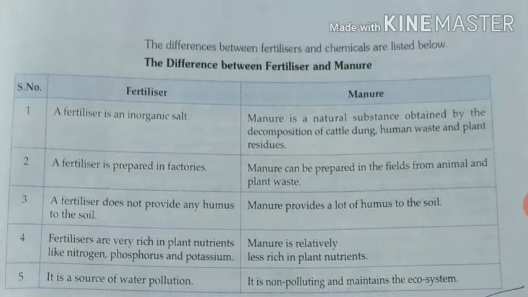So being soluble in water, a fertilizer is readily absorbed by plants. तो जो fertilizer होते हैं water में easily soluble होते हैं, तो प्लांट्स जो होते हैं उनको रेडिली एब्जॉर्ब करते हैं. एंड मैन्योर वो वाटर सॉल्युबल नहीं होते हैं, it means they are slowly absorbed by the plant. So it is one more difference between manure and fertilizer.